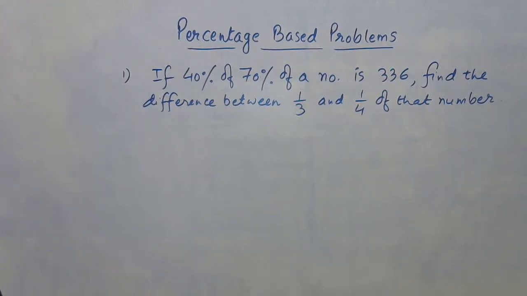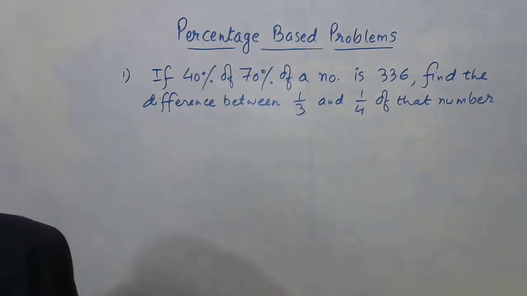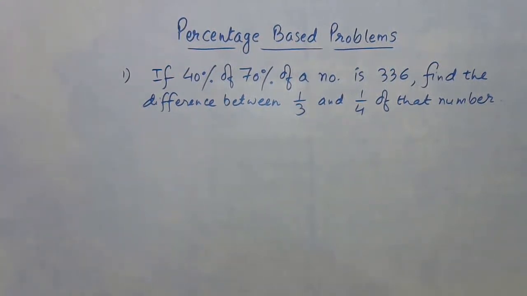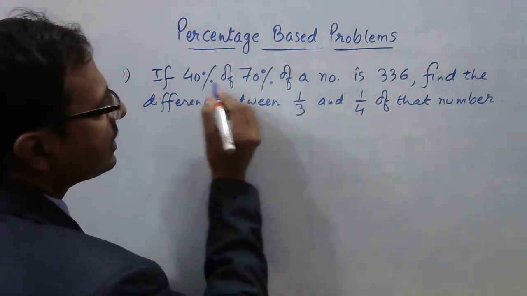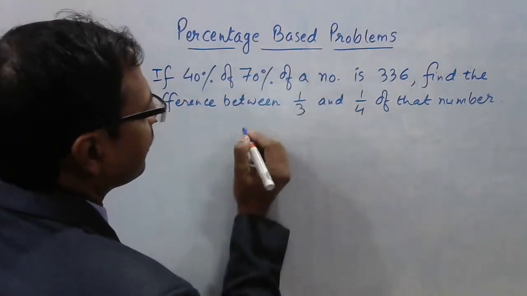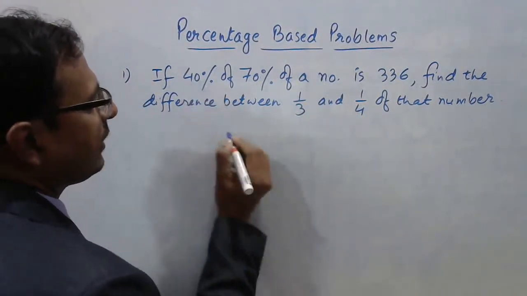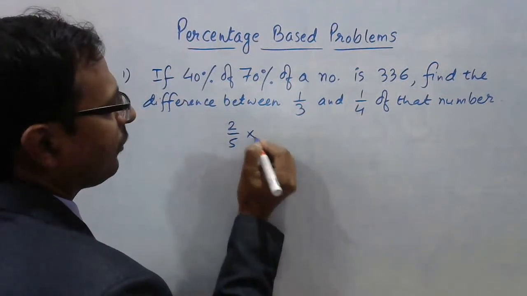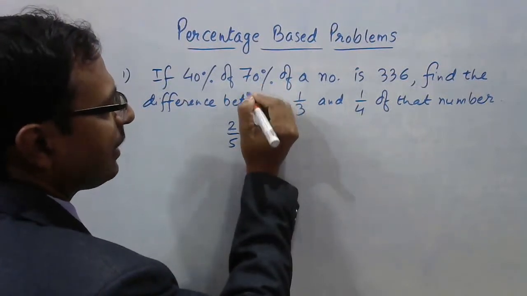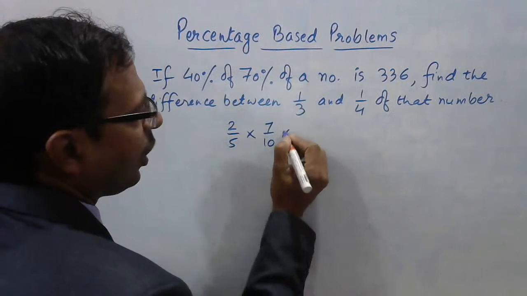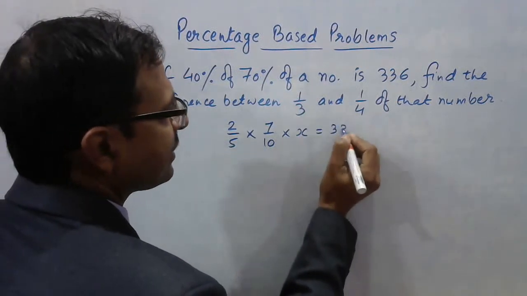So let's see the solution of this particular question. If you assume the number as x, then 40% of 70% of the number. So this is 40 upon 100, 2/5, of 70/100, so 7/10 of x is 336.